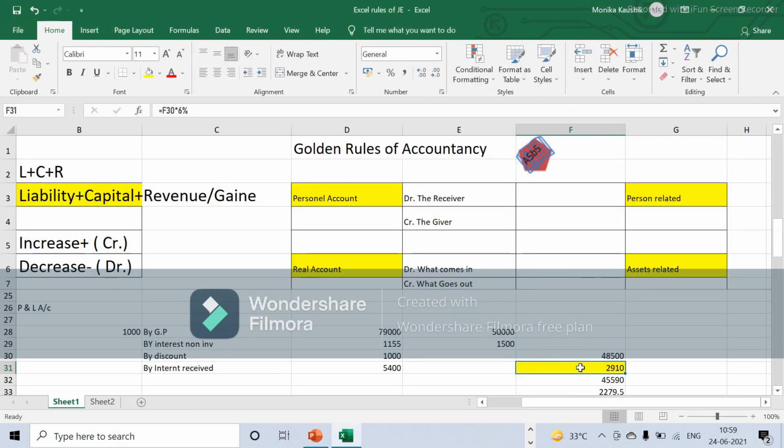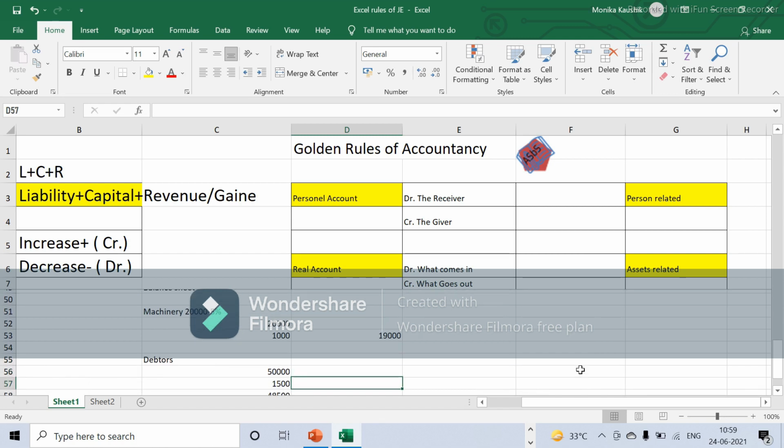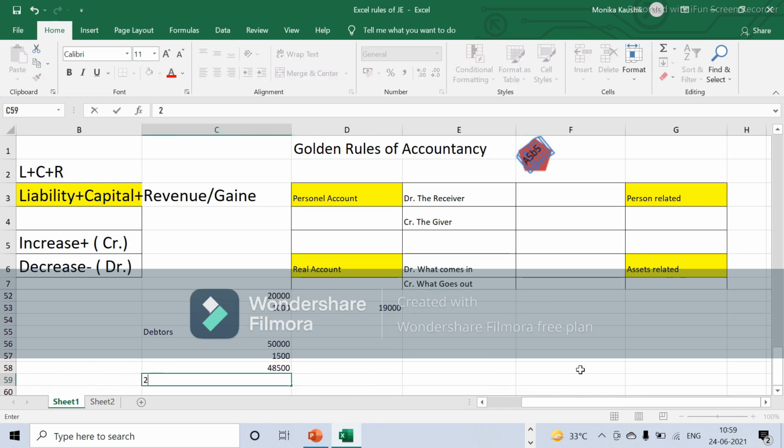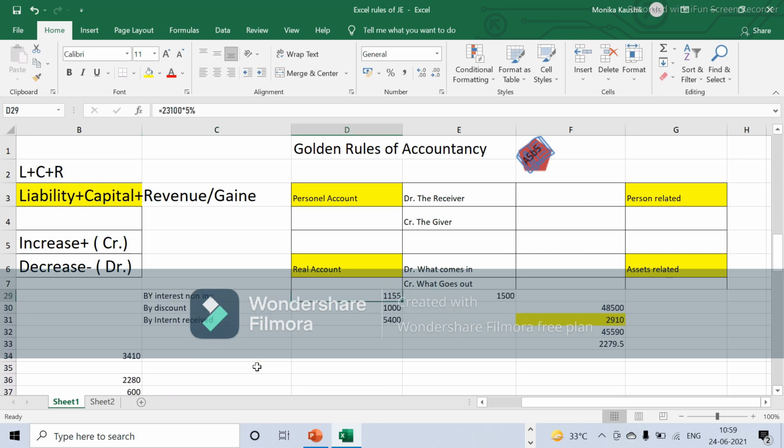See, this was my new provision. So I am now going to deduct 2910 from the debtors. 2910 is my new provision. Now I am deducting it: this minus this, 45,590.